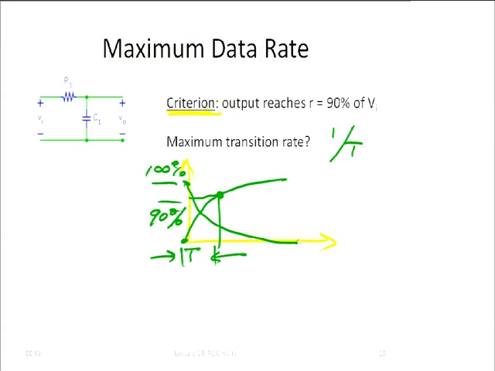And at t equals capital T, this is equal to 90% of V1. Now, solve for T. Okay? All right, so we'll leave the rest for another time. All right.